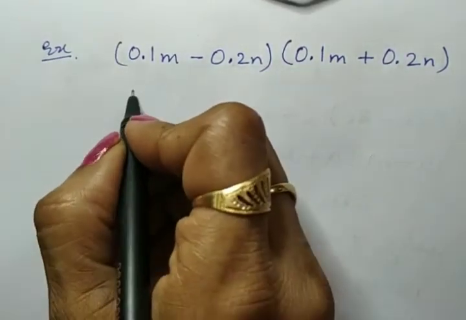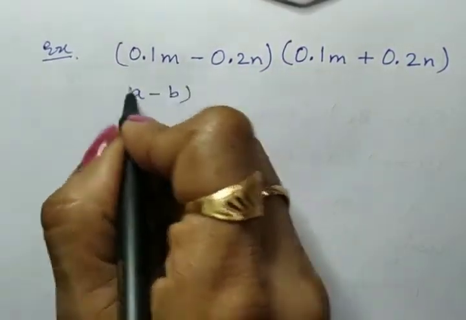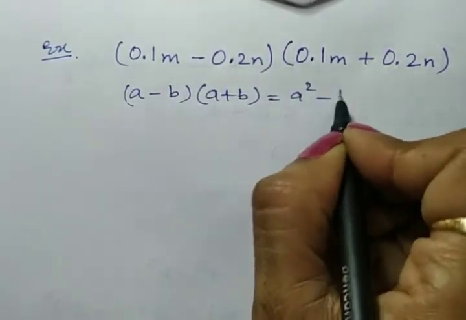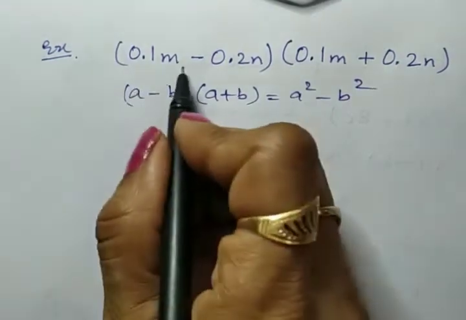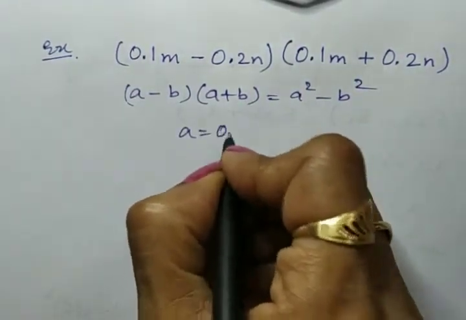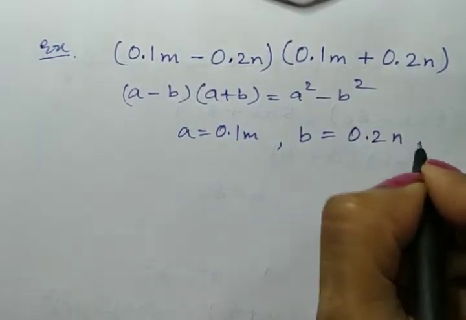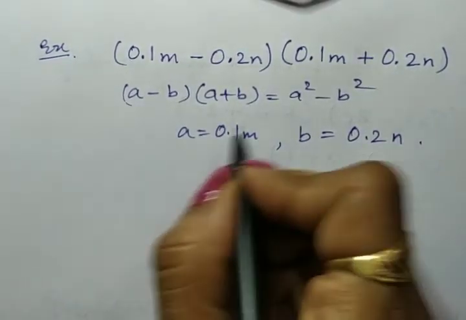We have to find the product using identity 3. According to identity 3, (a - b) multiplied by (a + b) is equal to a square minus b square, where a is equal to 0.1m and b is equal to 0.2n. Put the values on the right hand side.